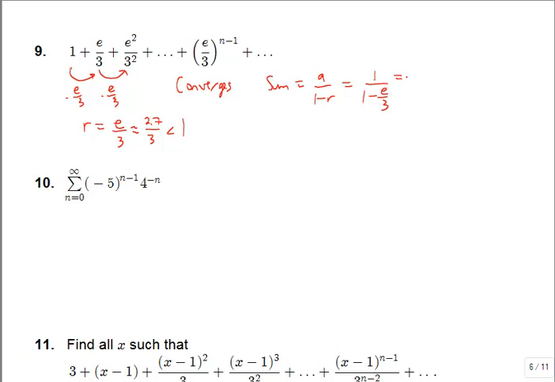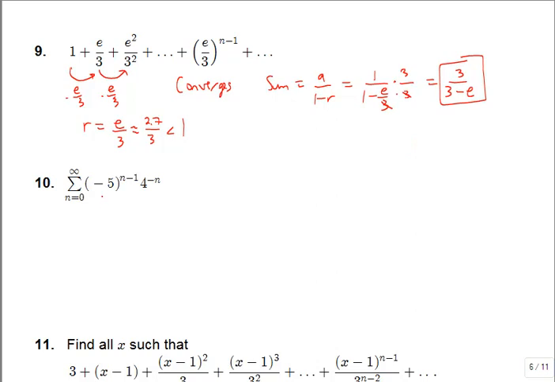Actually, let's go ahead and multiply through by a common denominator, which is 3 here. So I'm going to clean up this fraction. 1 times 3 on top will be 3, and on the bottom 1 times 3 will be 3, minus e over 3 times 3. The 3's cancel, just giving me e. So that's a nice way of cleaning up that complex fraction. And then you can just leave your answer like that.